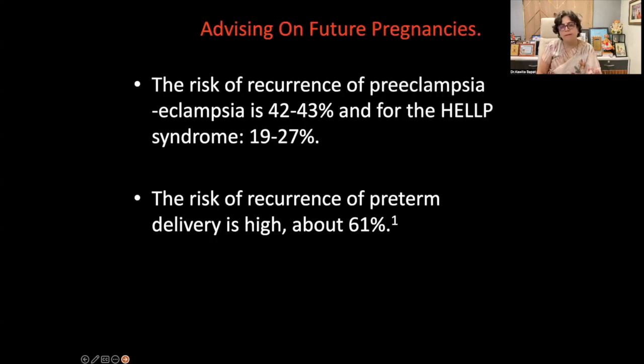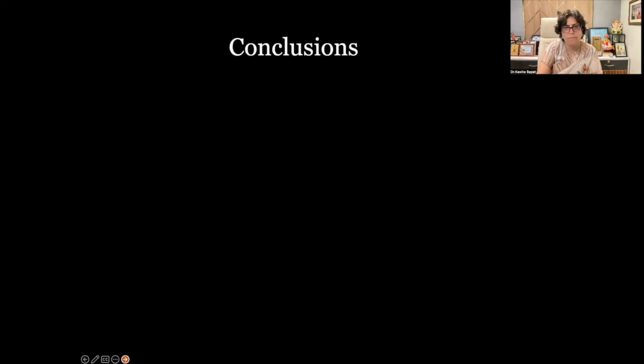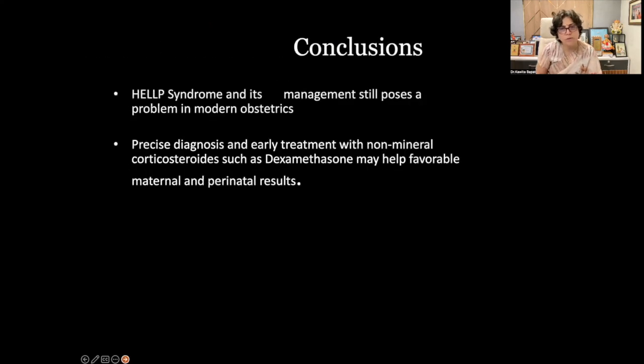Advising for future pregnancy: the risk of recurrence of preeclampsia and eclampsia is 40 to 43%, and for HELLP syndrome is 19 to 27%. The risk of recurrence of preterm delivery is high, about 61%. Now, conclusion: HELLP syndrome and its management still pose a problem in modern obstetrics. Precise diagnosis, early treatment, and nonmineral corticosteroids such as dexamethasone may help favorable maternal and perinatal outcomes.